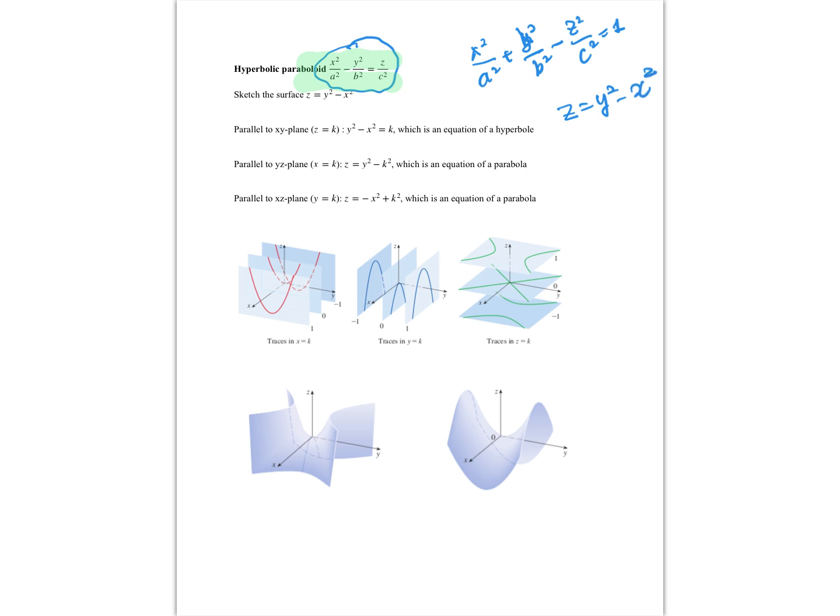Let's find the traces. First, let's say z equals 1, a plane parallel to the xy plane. When you cut it, you get 1 equals y squared minus x squared, and that's a hyperbola.